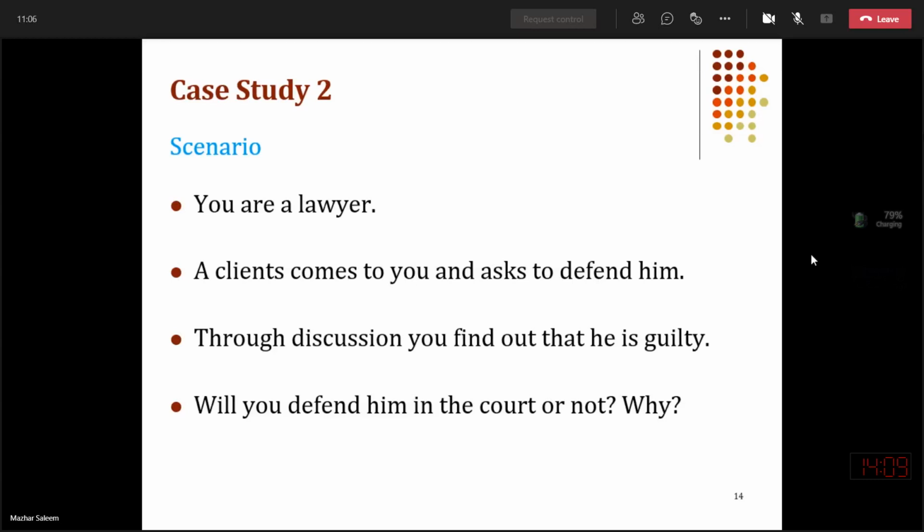What should be done? Sir, if the lawyer wants to earn money, he will defend him. But if he is concerned about right and wrong, he will not defend him. So defending him would be ethical or unethical? It will be unethical. All right, so actually there are two opinions about this.